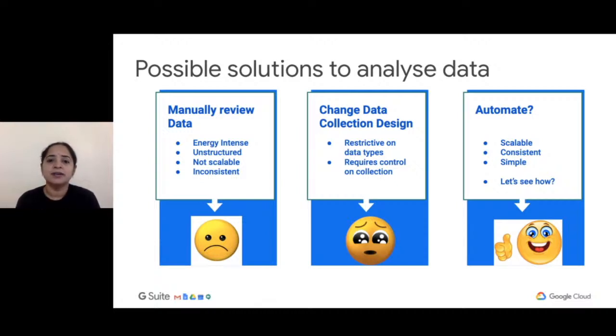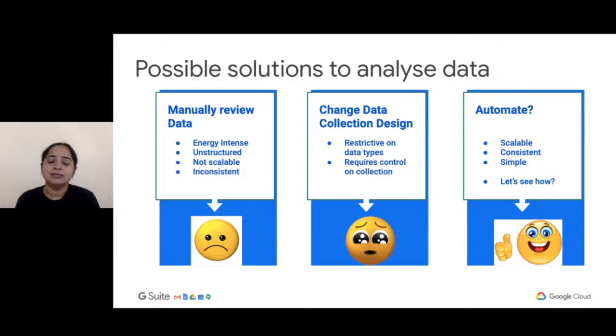It can be extremely inconsistent, mainly because every user may have a different perspective of understanding the data. So inconsistency of the sentiment is a major problem with manual review.